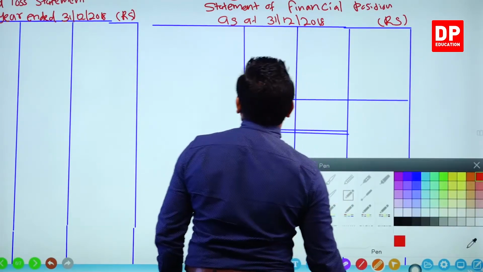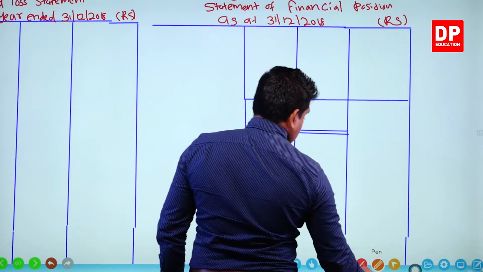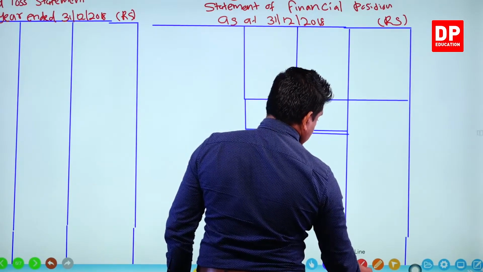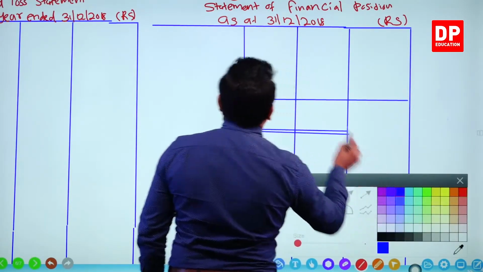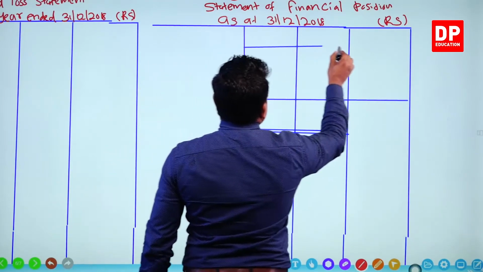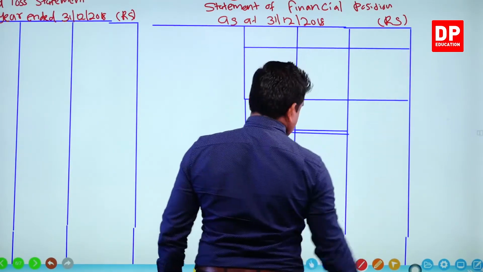Here you draw a line to name the columns.